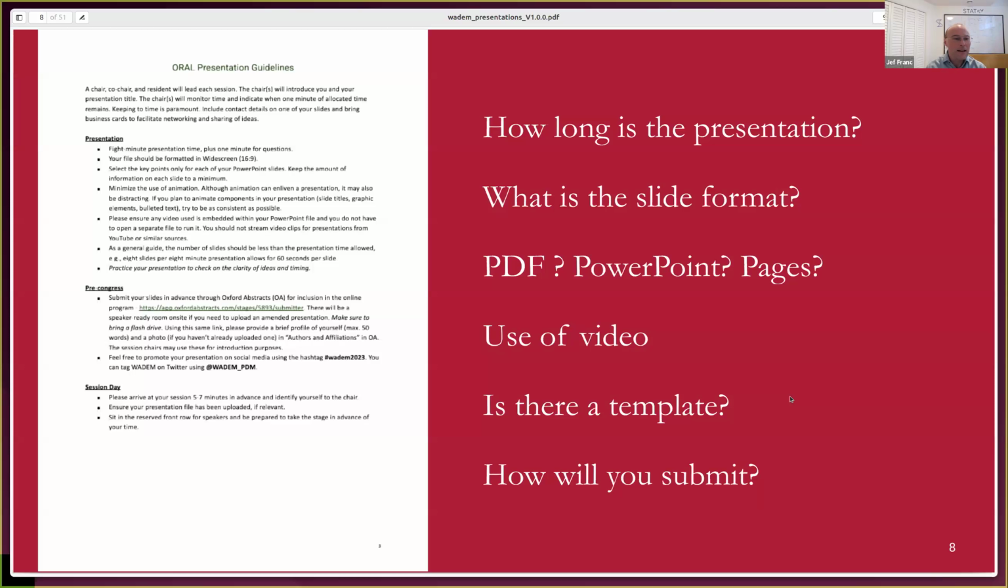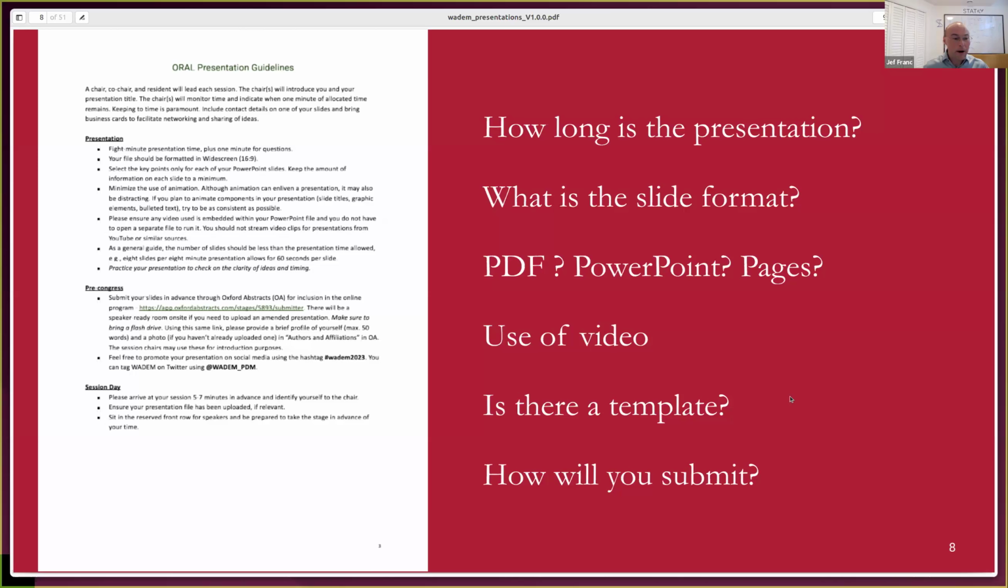What's the slide format? It's pretty easy. Almost all of them now are 16:9 PowerPoint, but take a look at that. If you're thinking about adding video or audio into your presentation, make sure you check the guidelines for that. I look to see if there's a slide template, particularly for the title page and for the conflict of interest page.